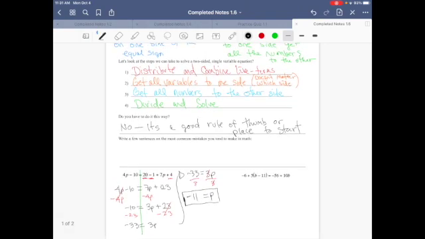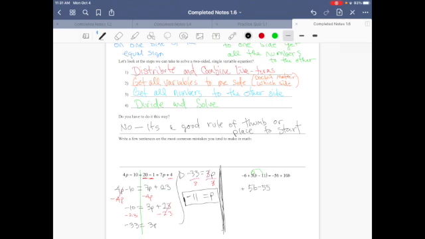So let's try this next one. First thing we're going to do is we are going to distribute. I've got 5 times b, which gives us 5b. And then we got 5 times -11, which gives us -55.